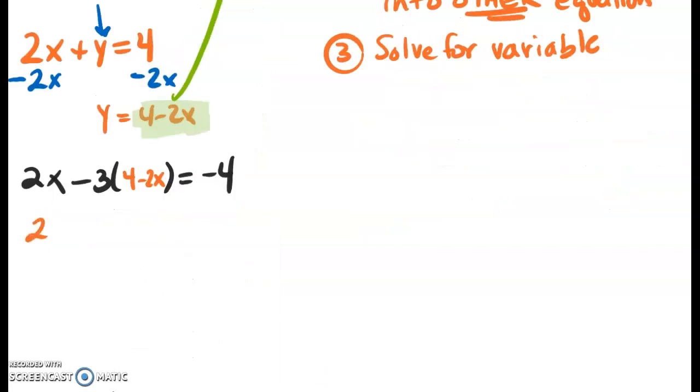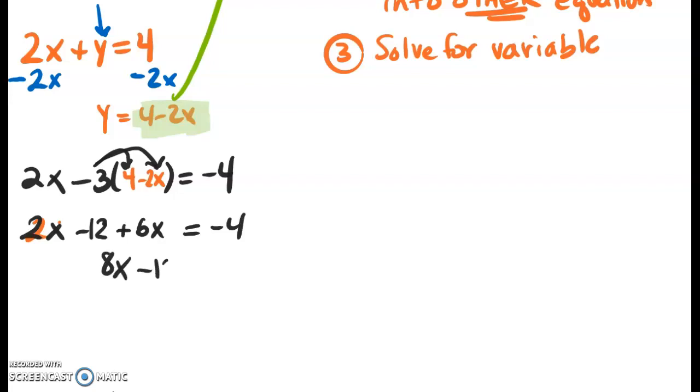I'm going to say 2x, and I'm going to distribute this -3: minus 12. 3 times 4 is 12, so -12. -3 times -2 is a positive 6x is equal to -4. And now I have some like terms I can combine. This is 8x minus 12 is equal to -4.